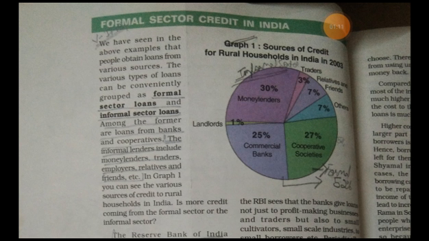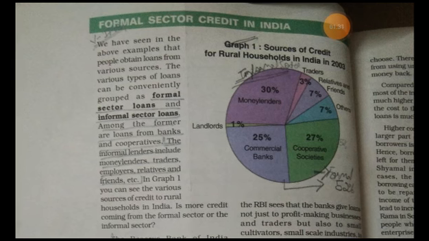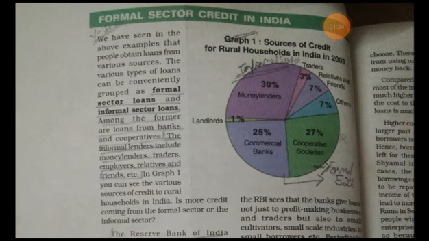In Graph 1, you can see the various sources of credit to rural households in India. Is more credit coming from the formal sector or the informal sector? Percentages are given here.